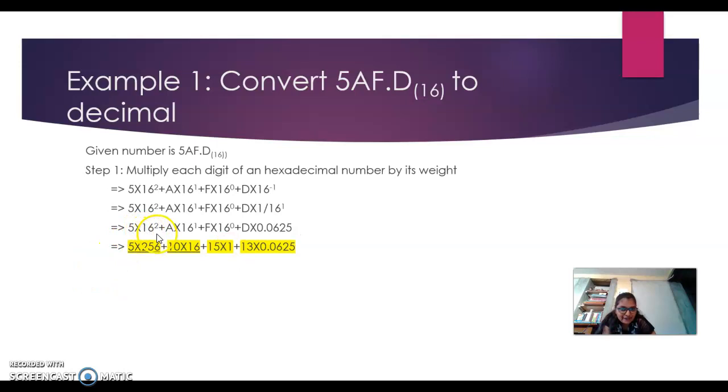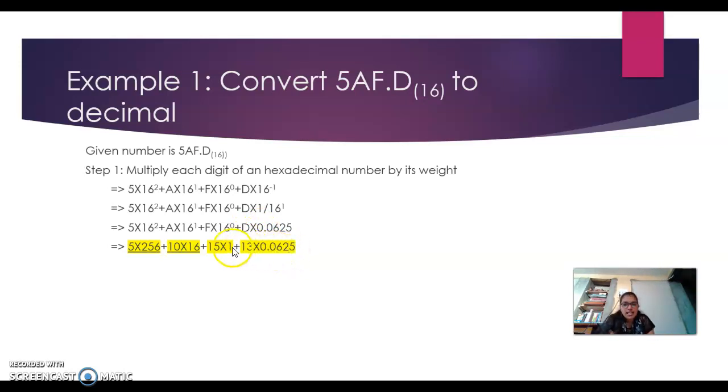5 into 16 square is 256, plus A, which is equivalent to 10, into 16 to the power 1, plus F, which is equivalent to 15, into 16 to the power 0 is 1, plus D, which is equivalent to 13, into 0.0625.